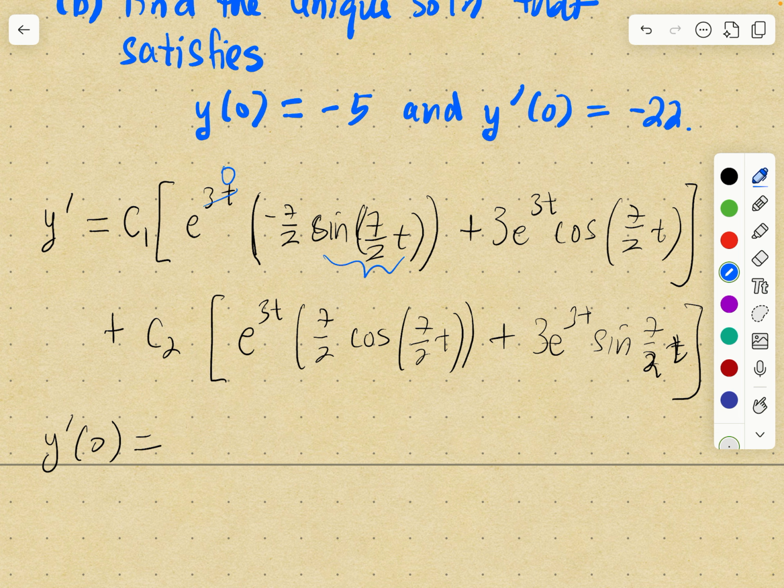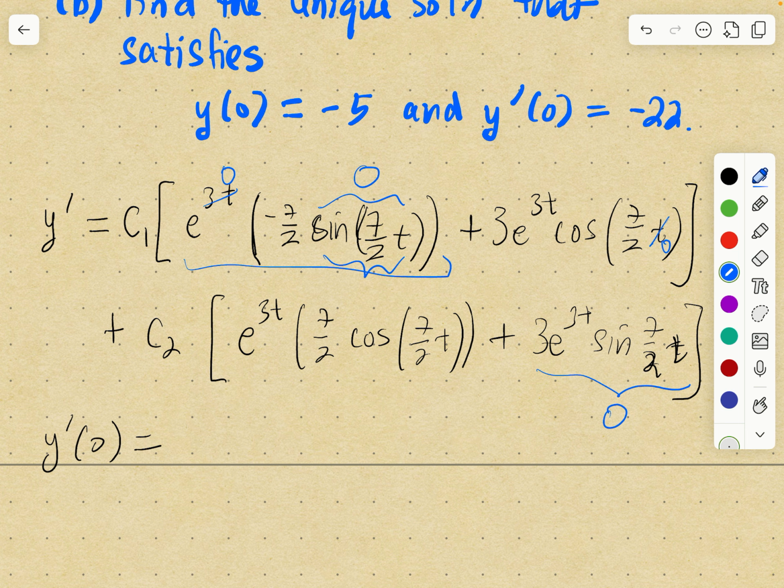So sine of 0 is 0, so this whole thing is going to be 0. And similarly here, this whole thing is going to be 0 because you have a sine of 7 over 2t, and you're plugging in t equals 0, and sine of 0 is 0. So all you have left when you plug in 0 here is 3e to the 3t times cosine of 0.